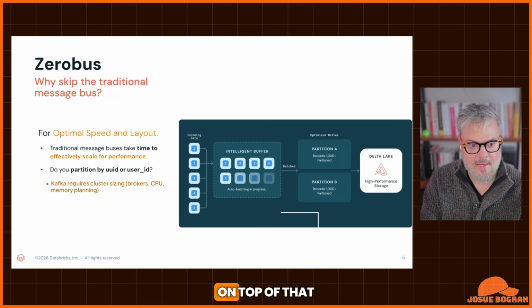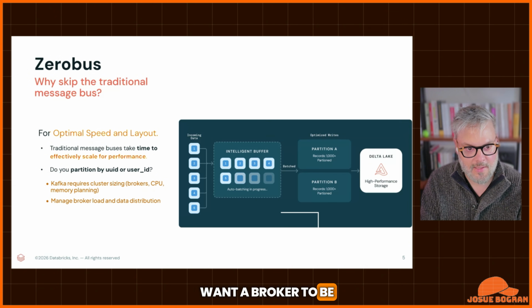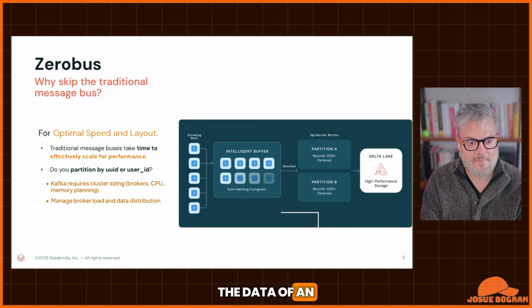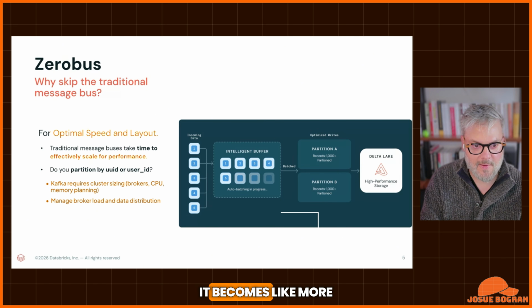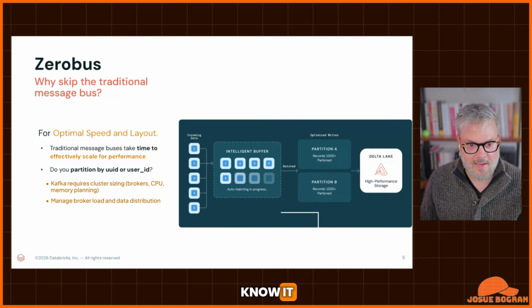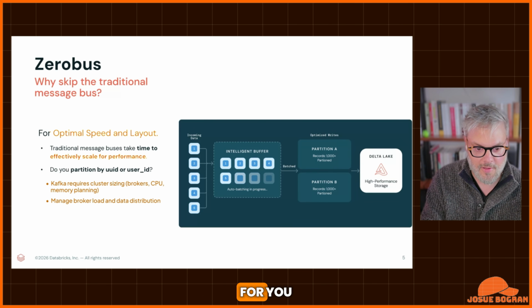On top of that, I need to think about how overloaded I want a broker to be. If a broker is sharing part of the data of an individual topic, it becomes more of a distributed data problem. It becomes problematic for you.